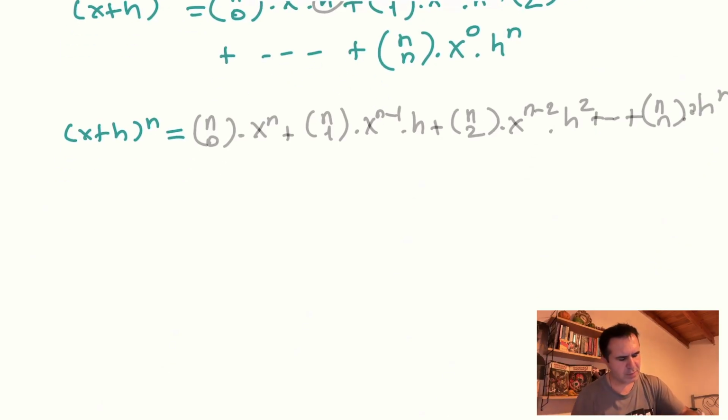You see, here we have an h, here we have h square and so on. But we do not have h here. And actually n choose 0 is equal to 1.